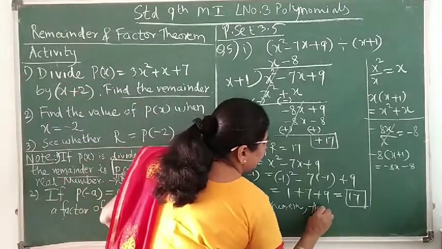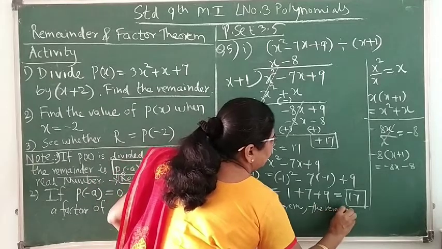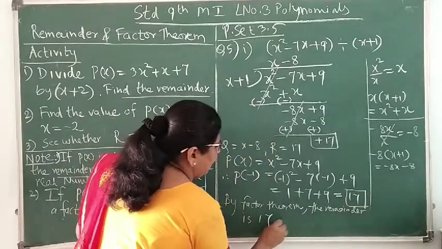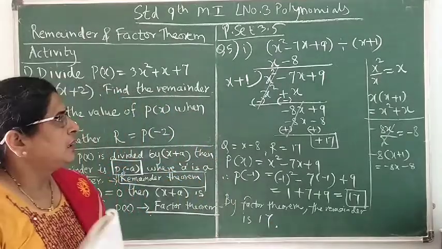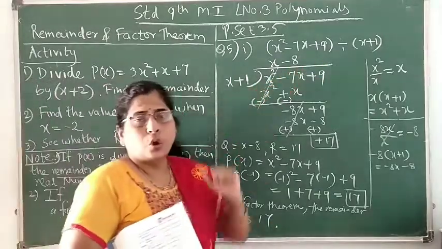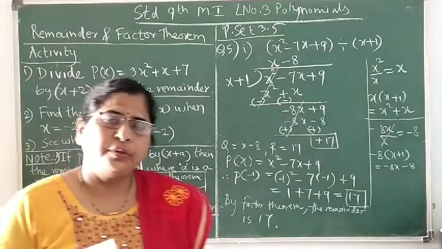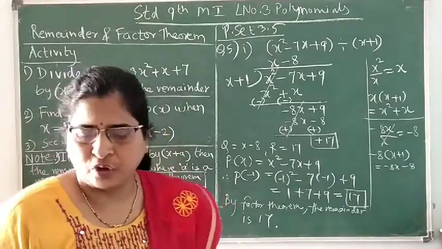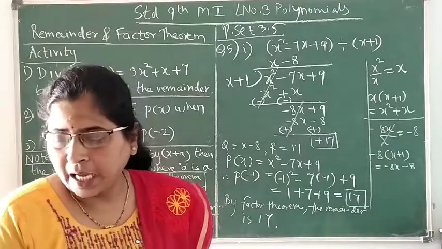The remainder is 17, and we can add to this that the given divisor is not a factor of the first polynomial. So the second polynomial is not a factor of the first polynomial.